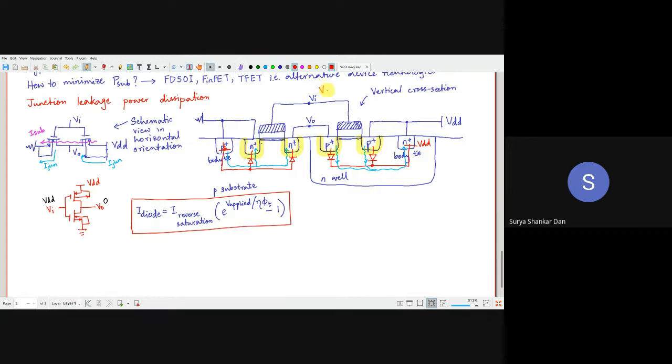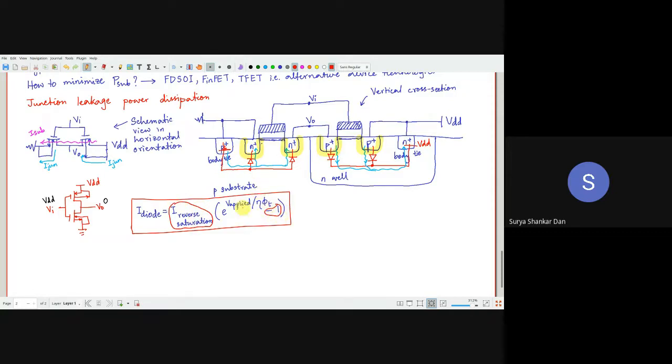Let us say this is VDD, this is 0 volt. Then notice that there will be situations when you can have 0 here, this will be VDD on the other side. So basically meaning that there is always some reverse saturation current which is always flowing thanks to this -1 term.